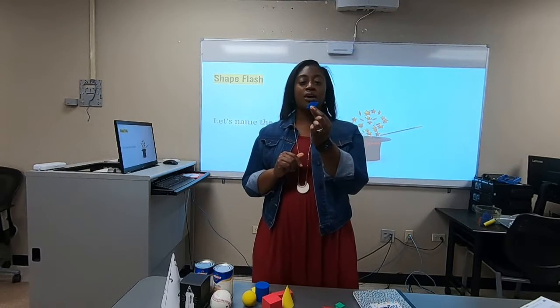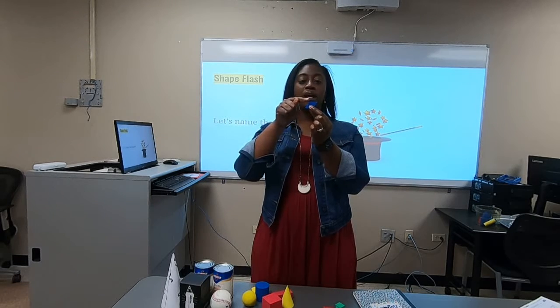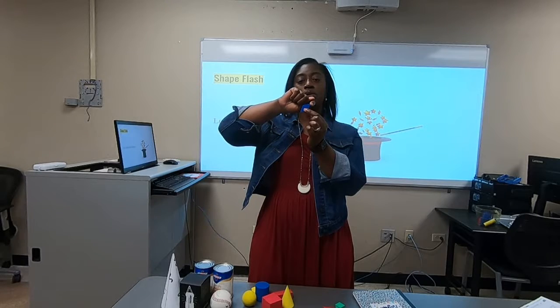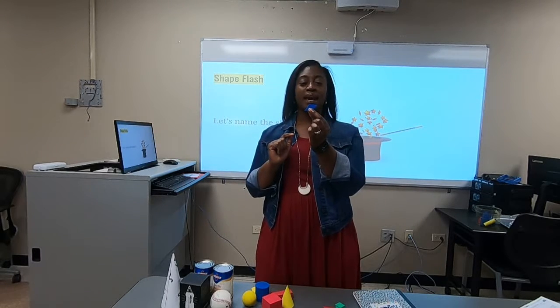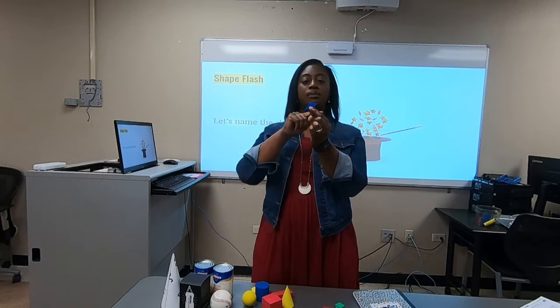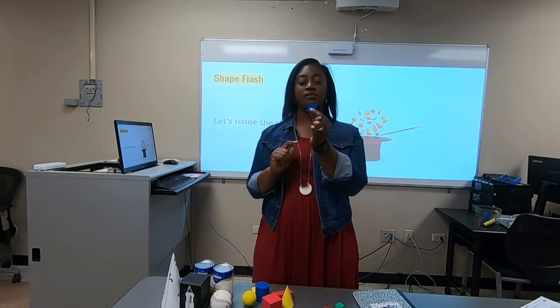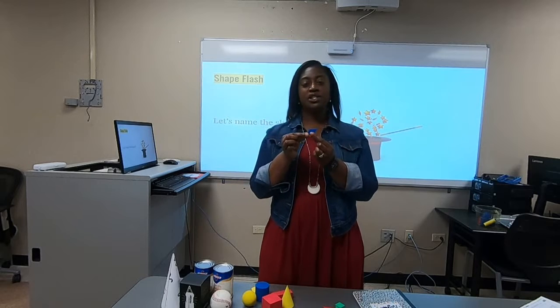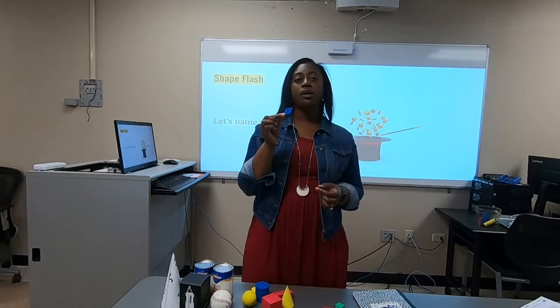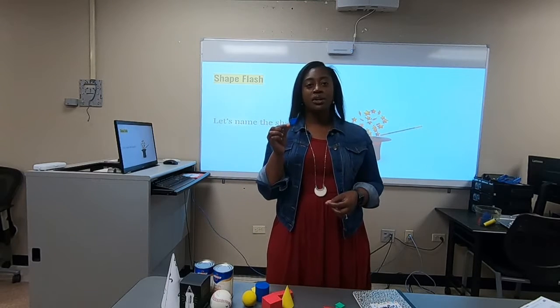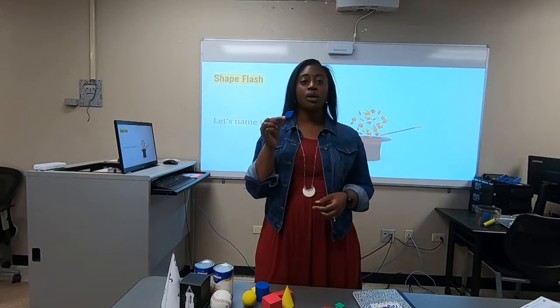This shape, let's count our sides. 1, 2, 3, 4 sides, and count our corners. 1, 2, 3, 4. Well, if this shape has 4 sides and 4 corners, what other shapes did we already talk about that also have 4 sides and 4 corners?